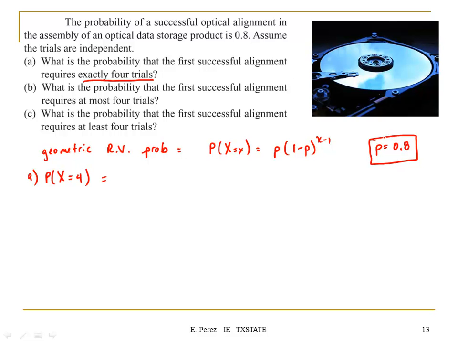That's the probability of a success. So we have 0.8 times (1 minus 0.8) to the power of 4 minus 1. And that is 0.0064.